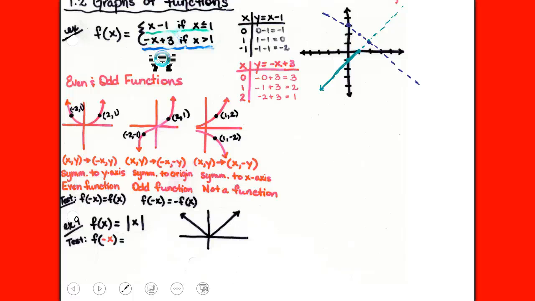Okay, so for negative x plus 3, I had the points 0, 3, there's my y-intercept, had a slope of negative 1, so you could do rise negative 1, run negative 1, or you could have plotted some more points along the way, however you want to graph your line.